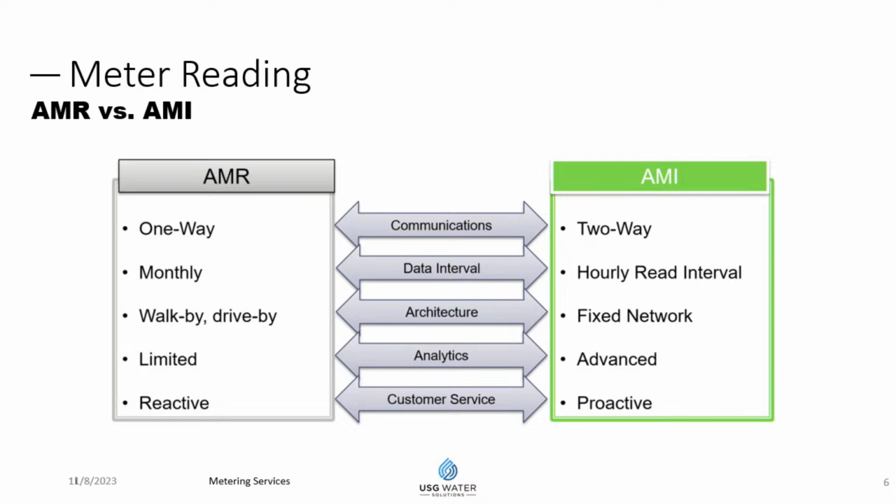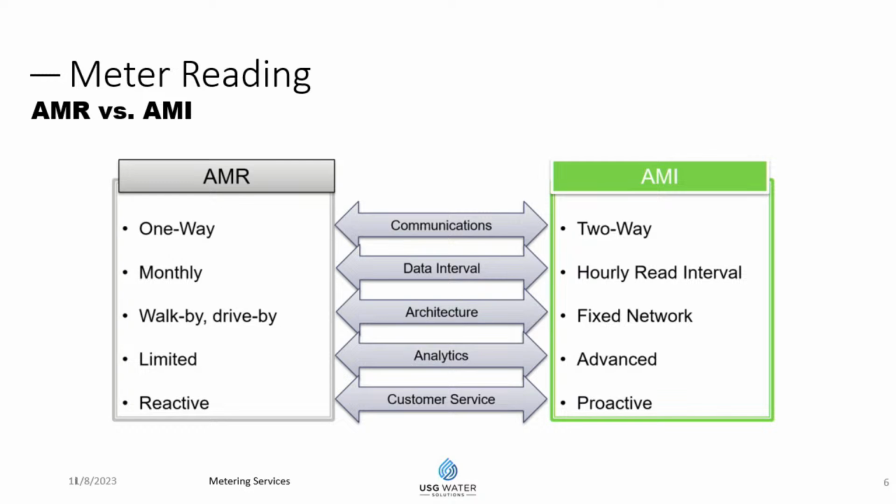Analytics: AMR is very limited, and the reason why it's limited is because you're only getting that consumption information once a month. With AMI, you're getting it hourly, so you've got a lot more information to be able to look at, to do analytics, to look for possible leaks, to look for possible reverse flow issues, possible main breaks, things of that nature.